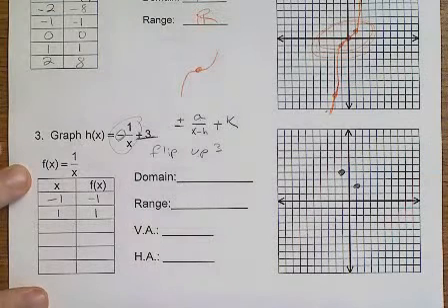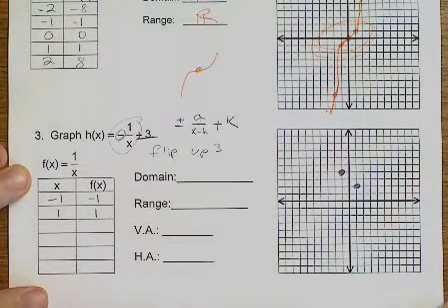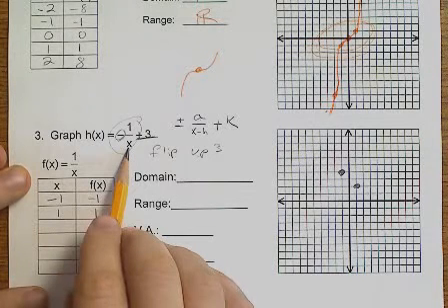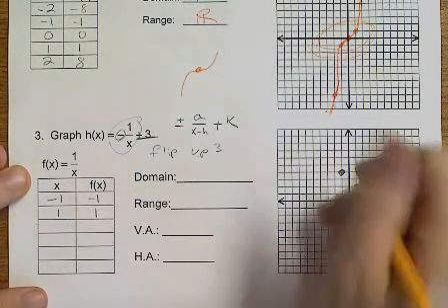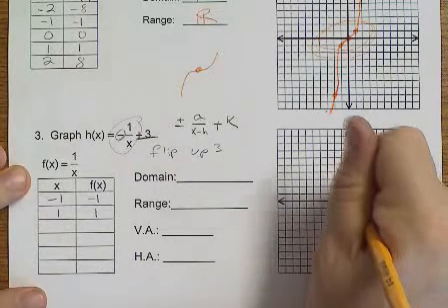Now, I know we've only got 2 points on here. You're tempted to go ahead and draw a line through those points, but that's not what this is. This is not a linear equation. It is a rational function, which means that right here between the 2 points, that's where we have our asymptotes.